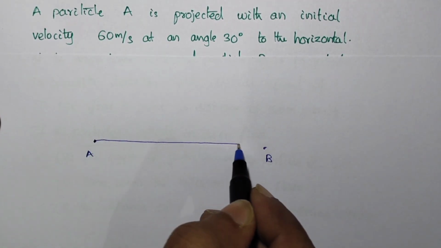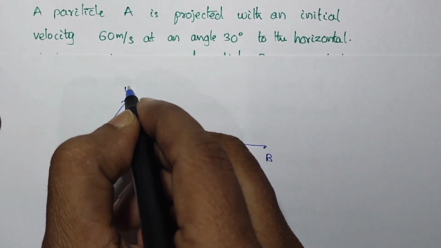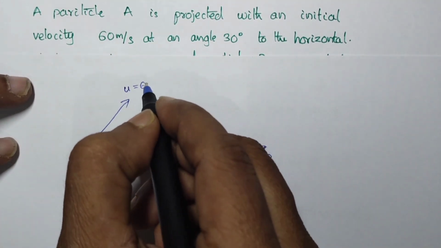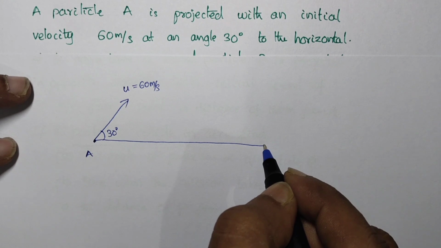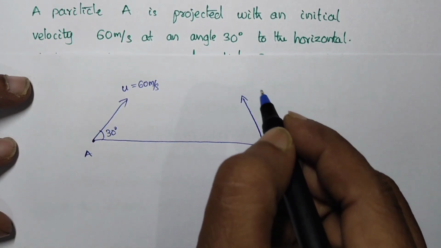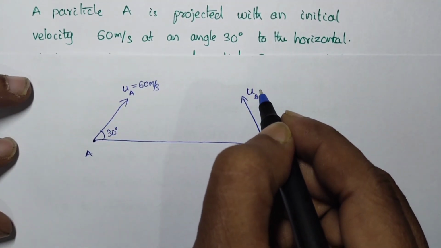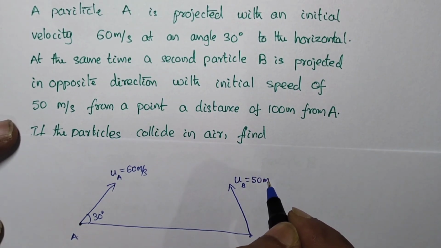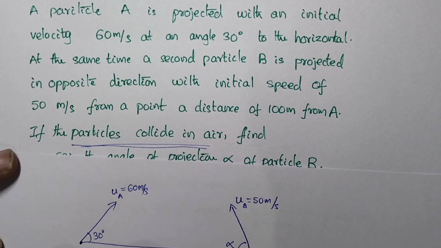This is the horizontal direction, and at A the particle is projected with a velocity u equal to 60 meters per second, making an angle of 30 degrees. And particle B is also projected, with a velocity of say 50 meters per second, making an angle that is not given, so let us call it alpha.